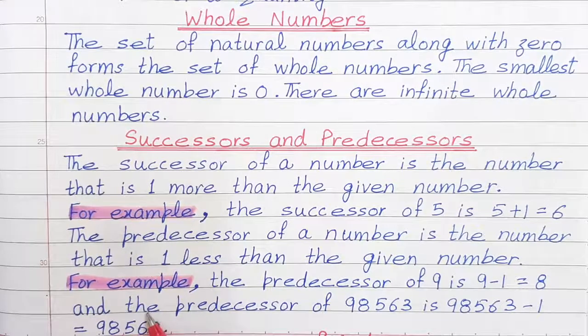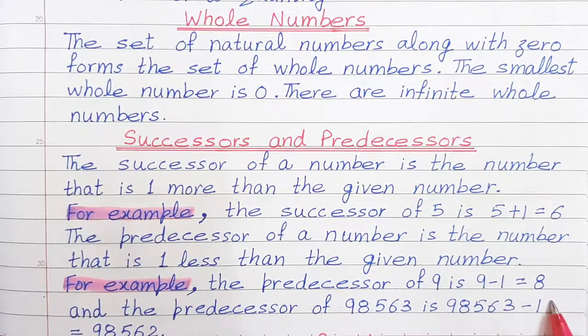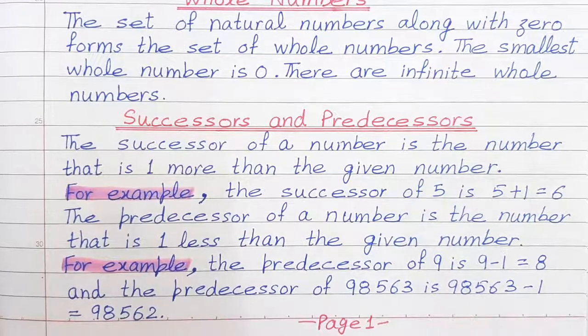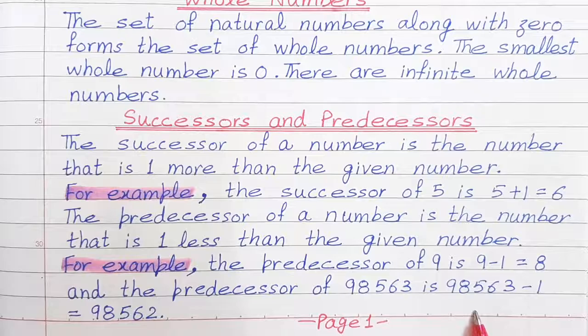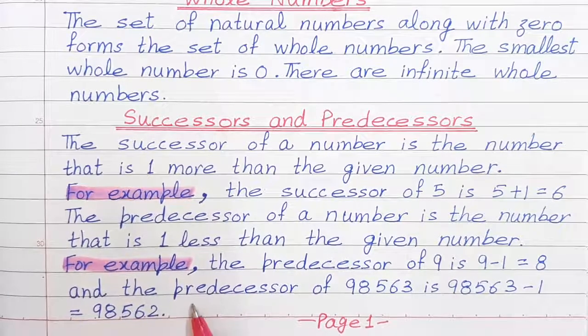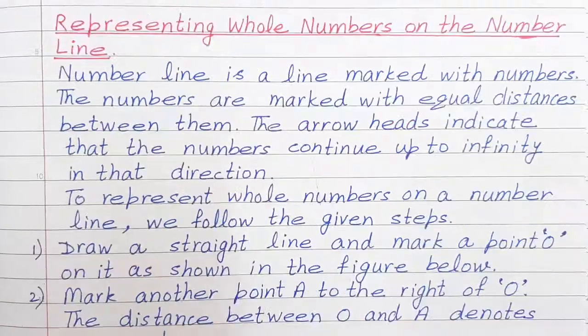For example, the predecessor of 9 is 9 minus 1, 8. Similarly, the predecessor of 98,563 is 98,562. I hope it is clear to everyone now what is a successor and what is a predecessor, right?